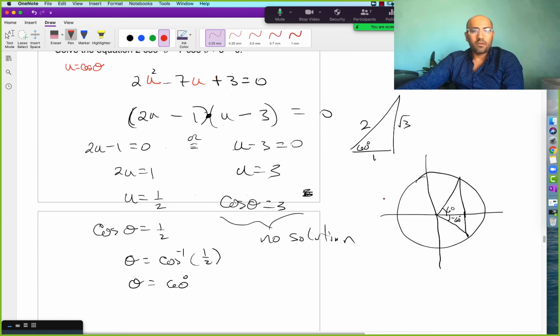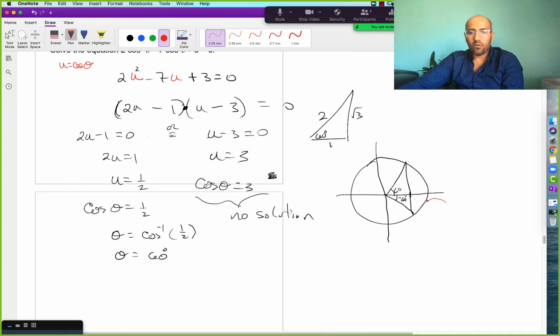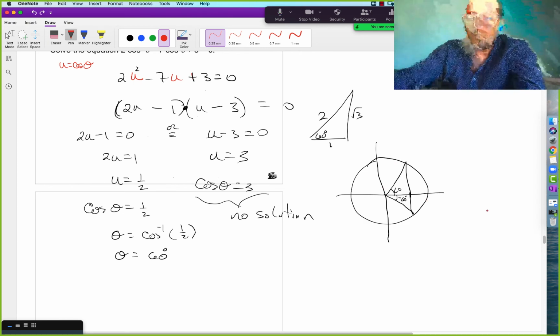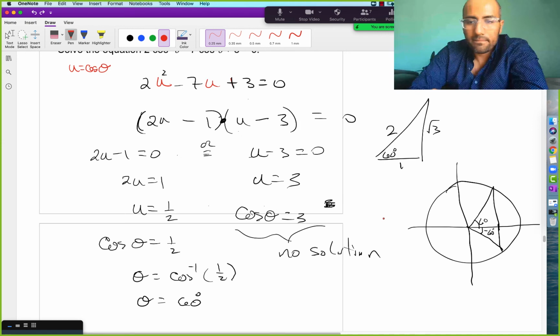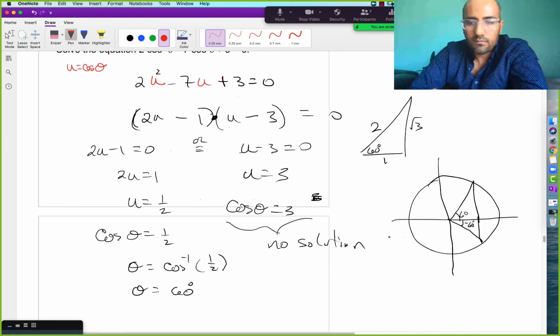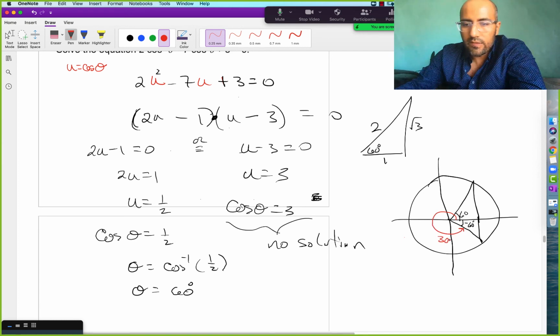So negative 60 degrees, or going from there to there has got to be 300 degrees. Good. So that's the other answer. Theta equals 300 degrees is the other answer.